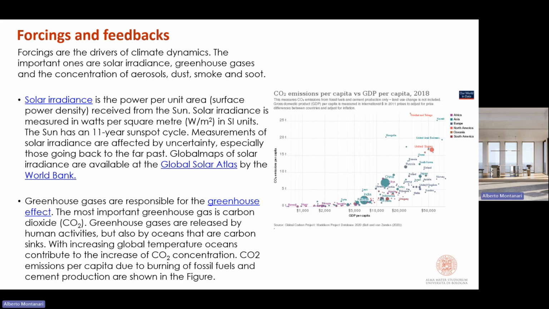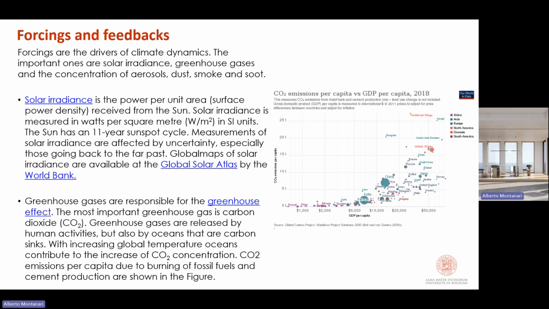Here in this graph, let me see if it is visible, not much. Anyway, it's the CO2 emissions per capita in the vertical axis, depending on the GDP per capita, gross domestic product, which is, as you know, an indicator of wealth, an indicator of productivity, an indicator of income.